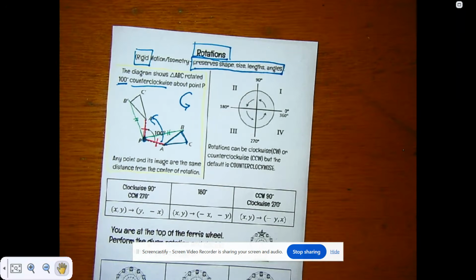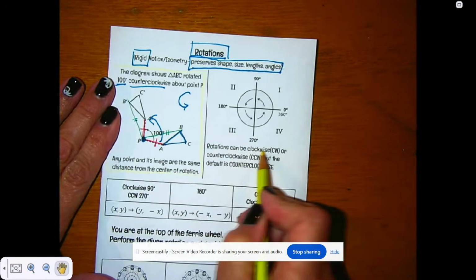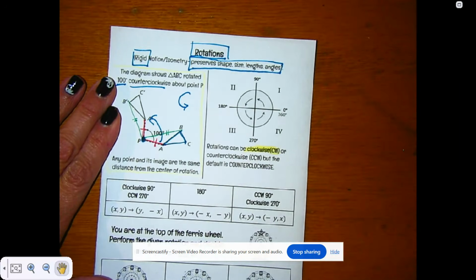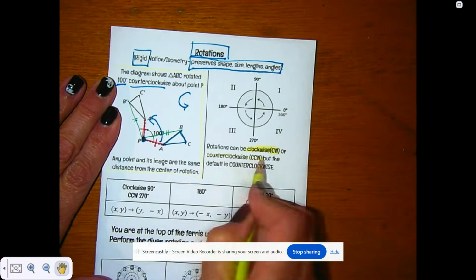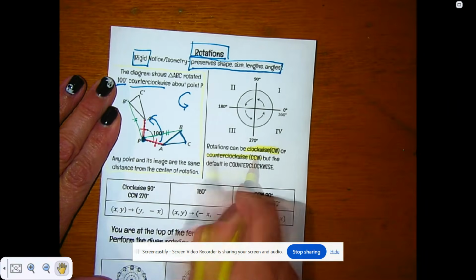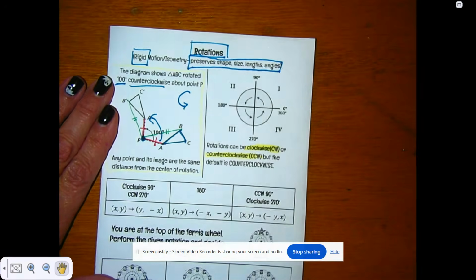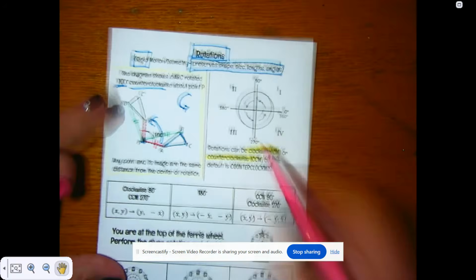So we have a picture over here. Rotations can be clockwise, and we're going to abbreviate that CW, or counterclockwise, and that is CCW. But the default is counterclockwise.